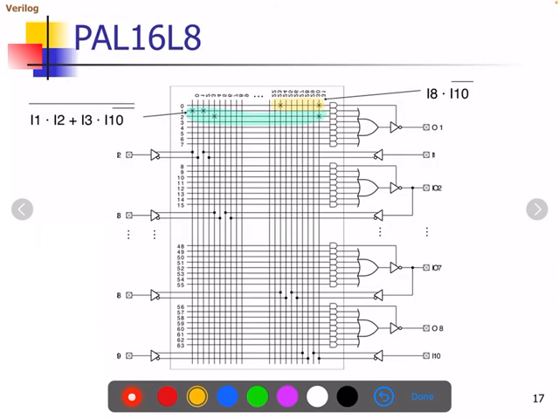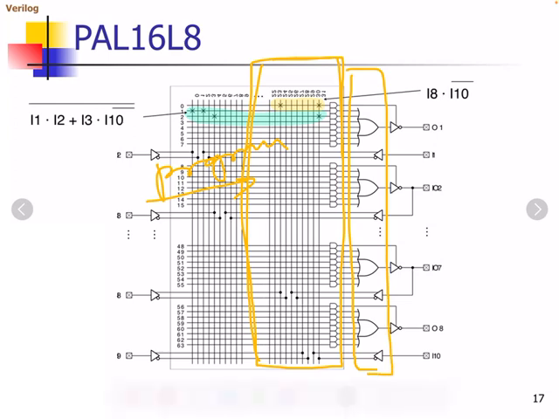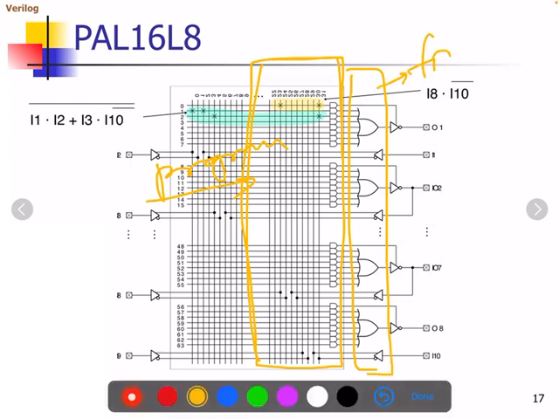If you have a look at the diagram of these PALs, you can understand that at the input side there is a programmable AND array. The programmable part is at the input side, the programmable AND array, and here it is a fixed OR gate array. So on the fixed OR gate side there is no programming involved.